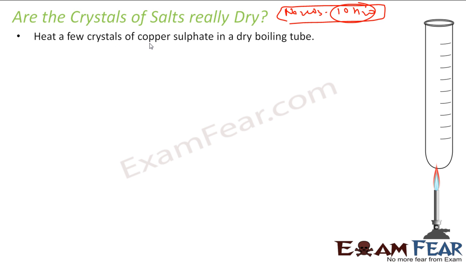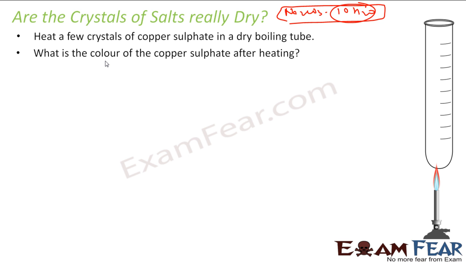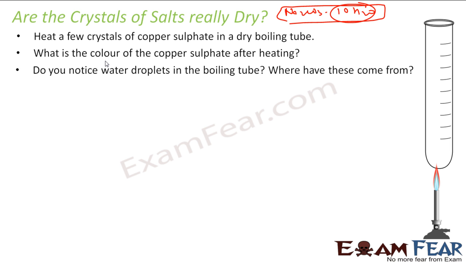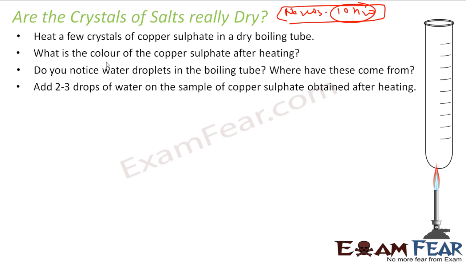So in this case, we'll take a few crystals of copper sulfate in a dry boiling tube and observe the color of the copper sulfate. Now we'll heat it. When you heat this, you will see that water comes out. The question is, from where does the water come out?